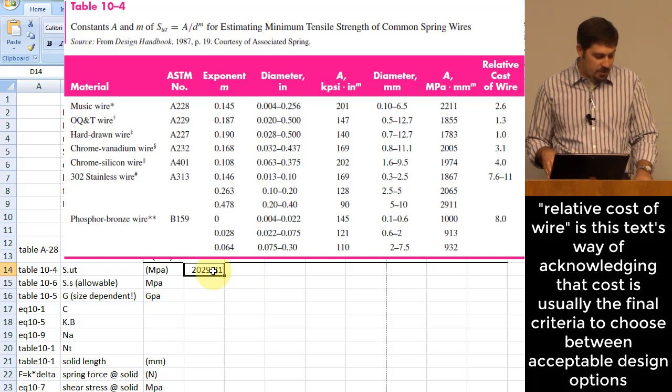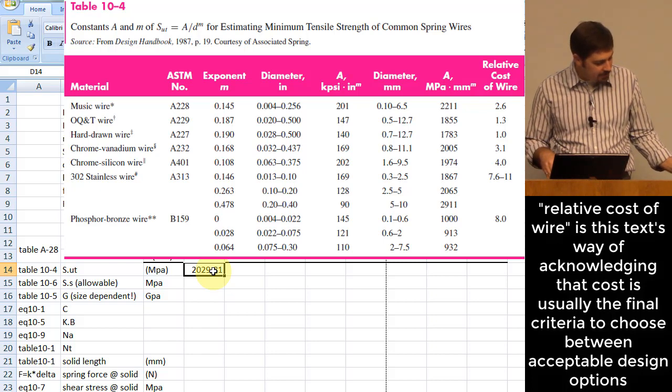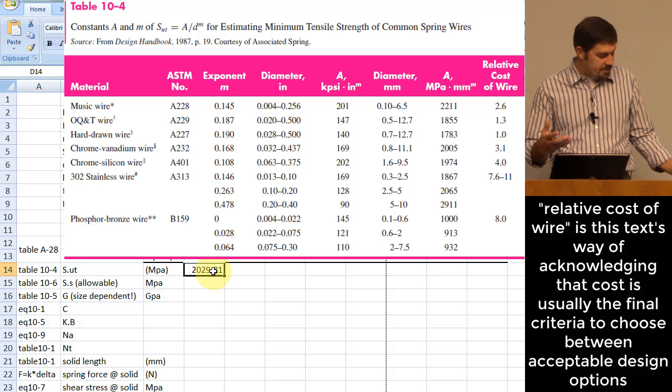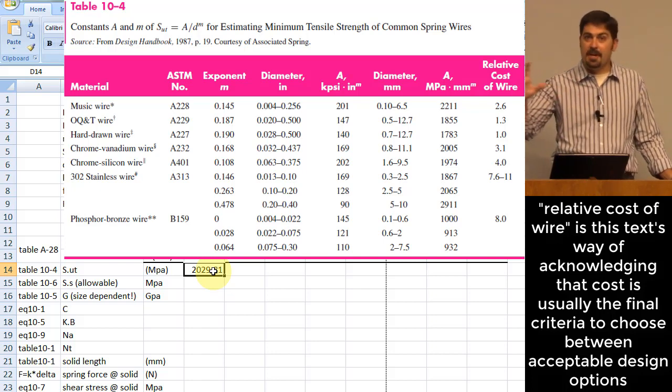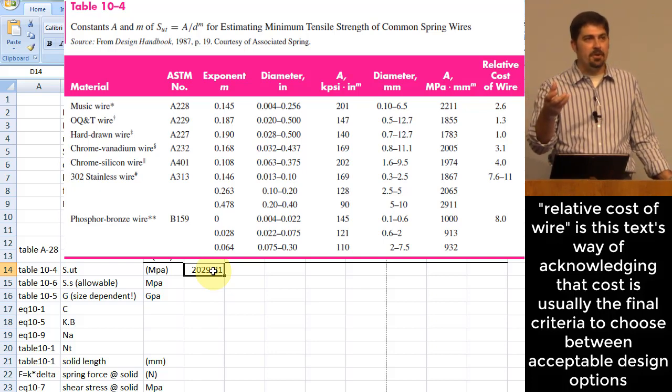Okay, it becomes a little bit useful if we begin using a value that they define on page 520 called a figure of merit. The figure of merit is basically a technique for when you've designed everything else for your spring and you have more than one spring that meets your criteria.